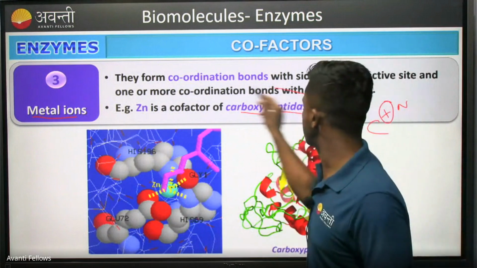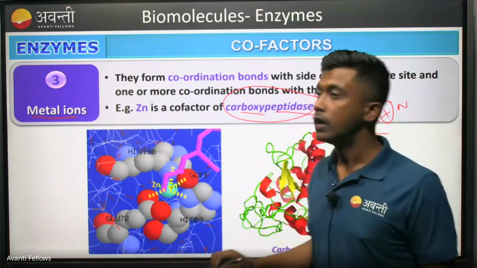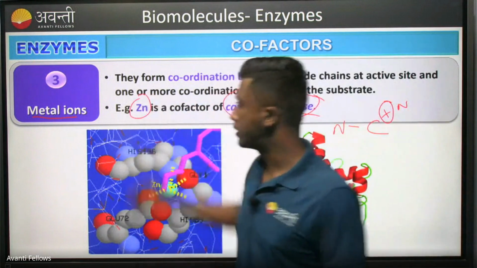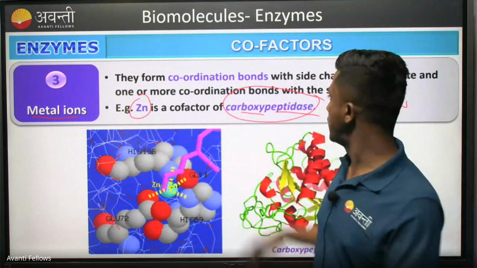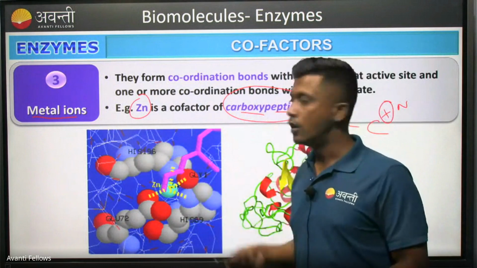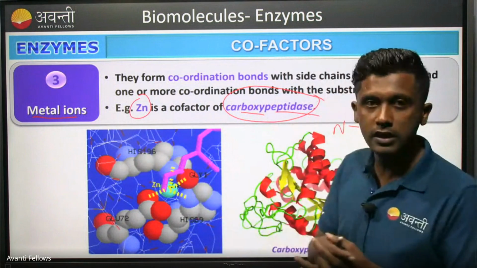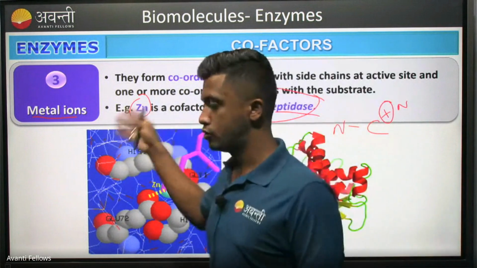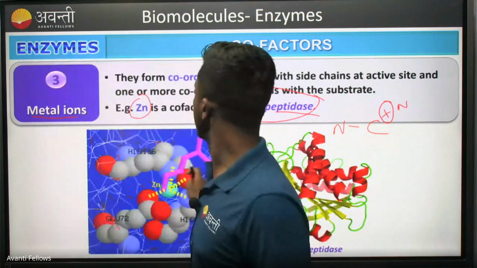That is called carboxypeptidase. If you talk about this enzyme, you can find that zinc is a cofactor. A metal ion binds to your apoenzyme to convert it into a holoenzyme. So these are metal ions.